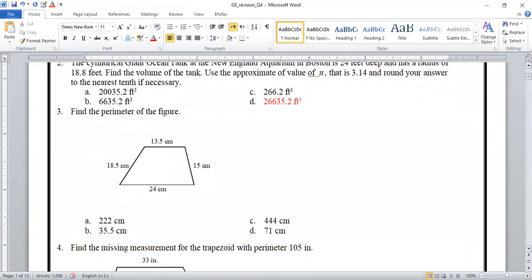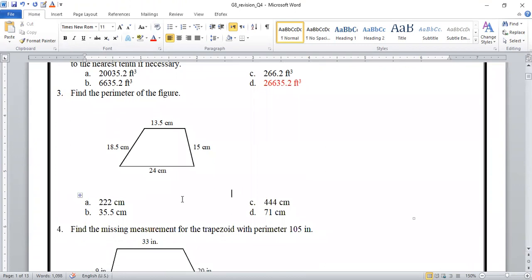Number 3, find the perimeter of the figure. The perimeter means the summation of all side lengths. From the figure, the perimeter equals the summation of all side lengths. We have four side lengths.